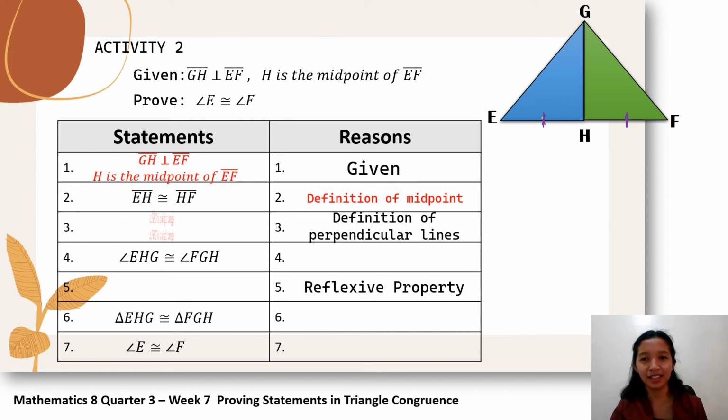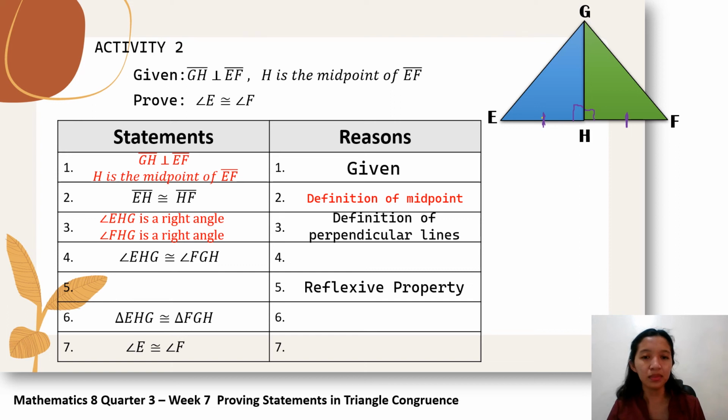It is that angle EHG is congruent to angle FHG. I mean they are right angles. So let's put here a sign that they are right angles.